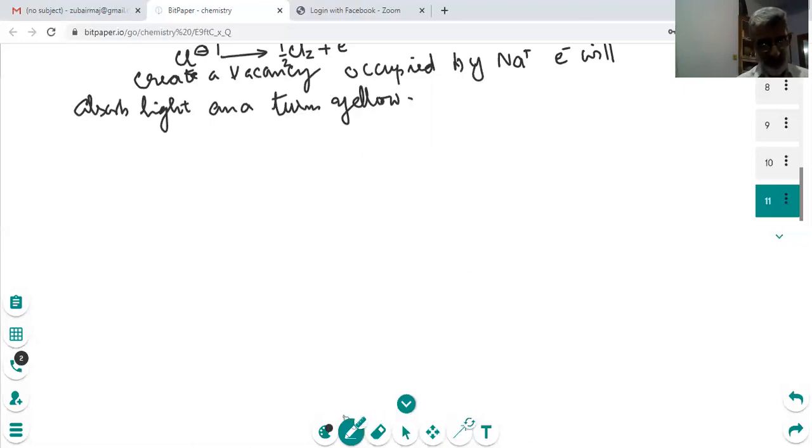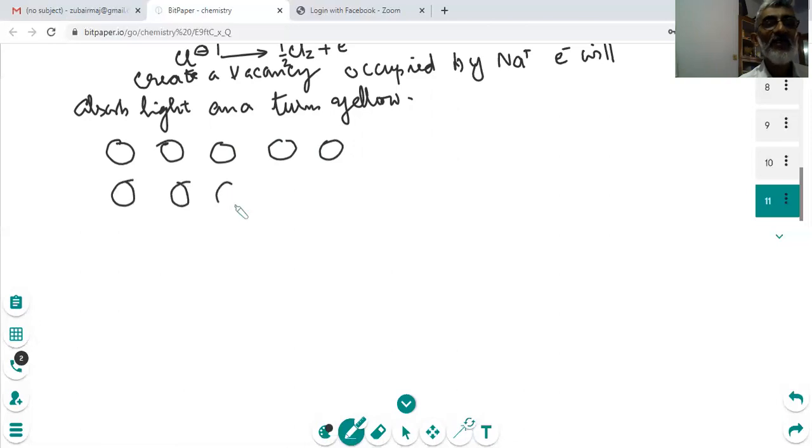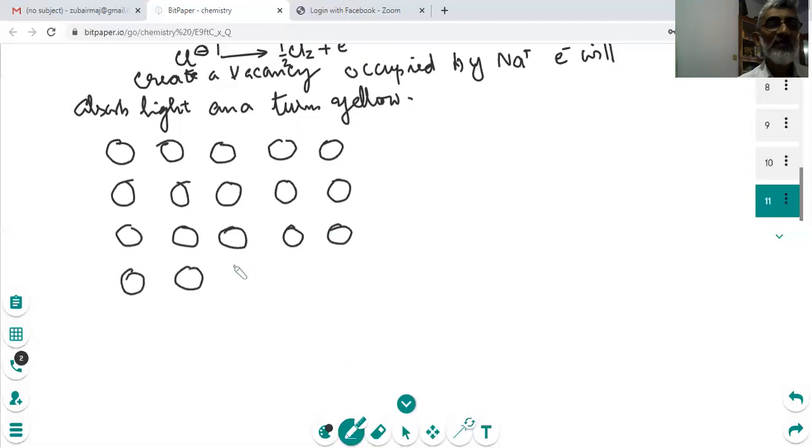Now, the site of this electron. If you look at the picture, it will look like this. You have the sodium chloride crystal as we usually draw. I think it's always better to draw this each and every time so that you get really familiar. The plus sign indicates the sodium, plus minus, plus minus, plus.